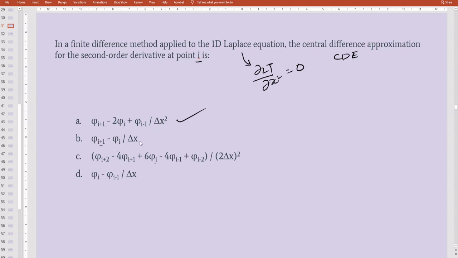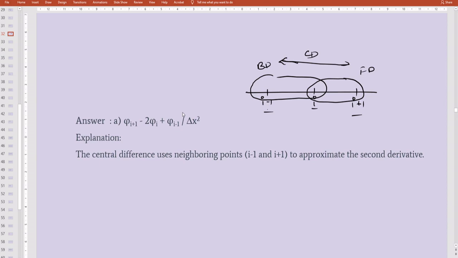Here, this is a forward difference, this is a backward difference, and this is higher order with a lot of terms. So the only option with the point i, its immediate predecessor and successor, is option A. So the solution is option A.